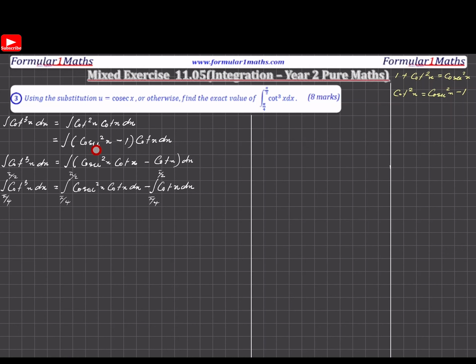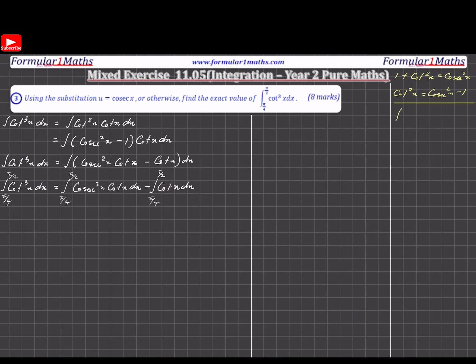So now that we have two parts on the right-hand side, we can integrate them separately. We can deal with cot x dx first. Now, the integration of cot x dx is ln sin x. But how do you get that?